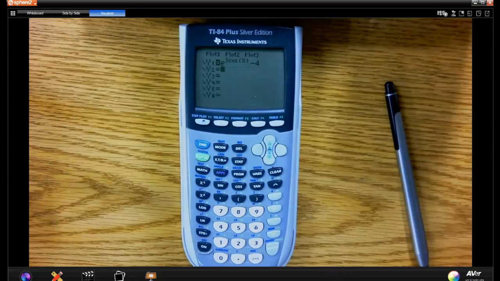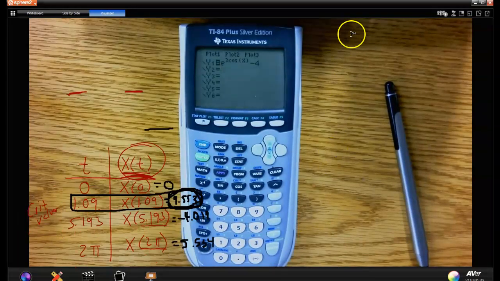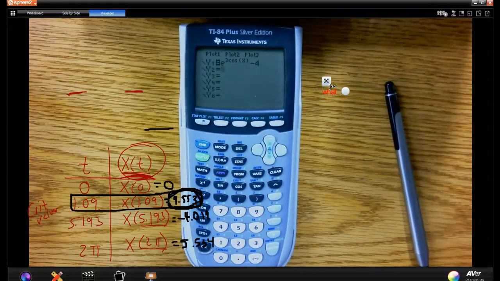And Precious, you had a question there. Here's how it would be asked. If they said, what was the farthest distance to the left that the particle traveled?